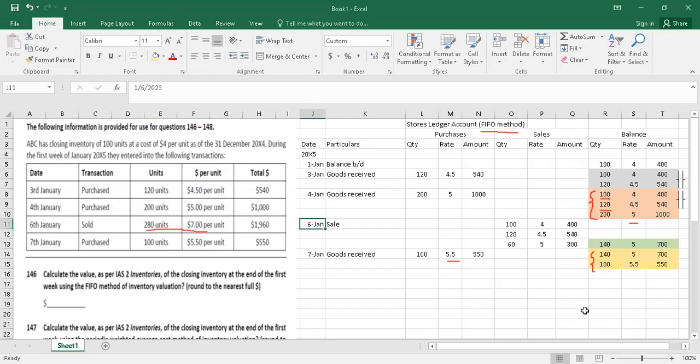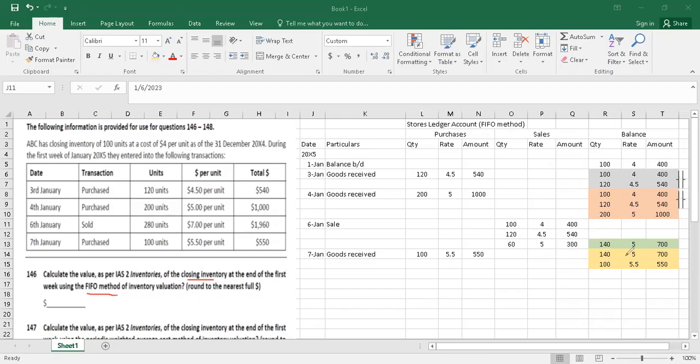Now let's take up the questions. Question number 146. Now this is what we have calculated. Calculate the value as per IAS 2 Inventories of the closing inventory at the end of the first week using the FIFO method of inventory valuation, rounded to the nearest full dollar.